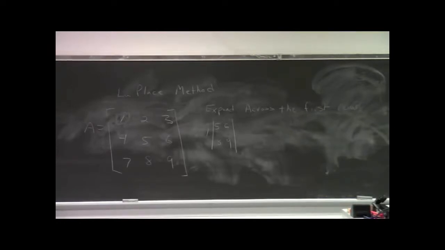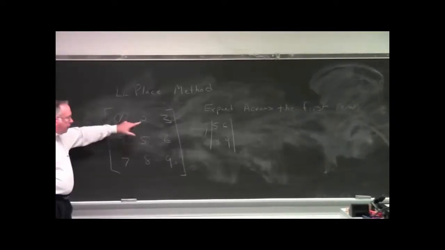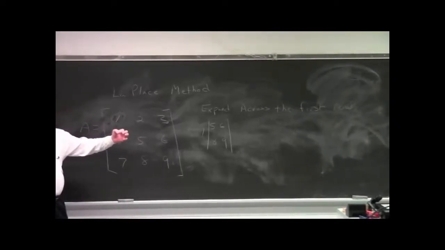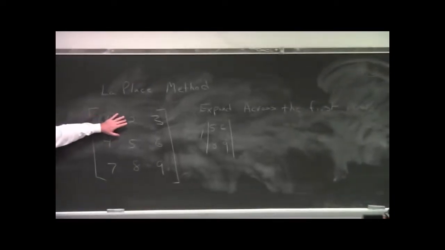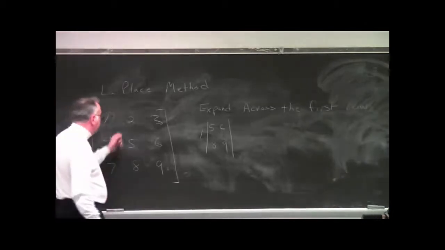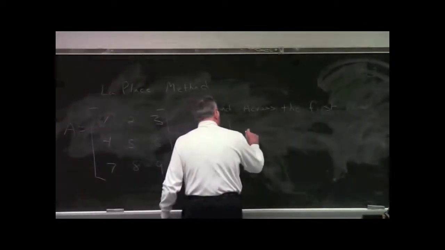Okay. Now we go to the next element. However, when we go to this next element, we have to change its sign. We didn't change the sign on the first element. But on the next one, we will have to change its sign. So instead of this becoming a 2, it's a minus 2.